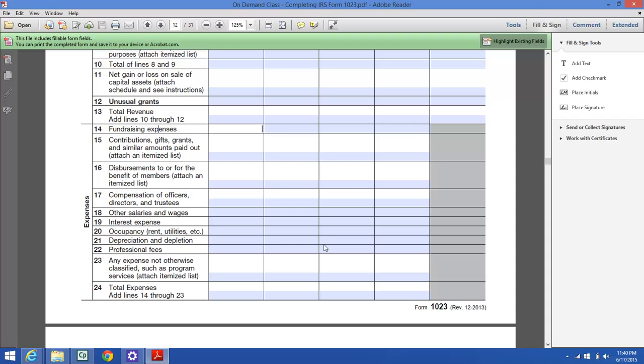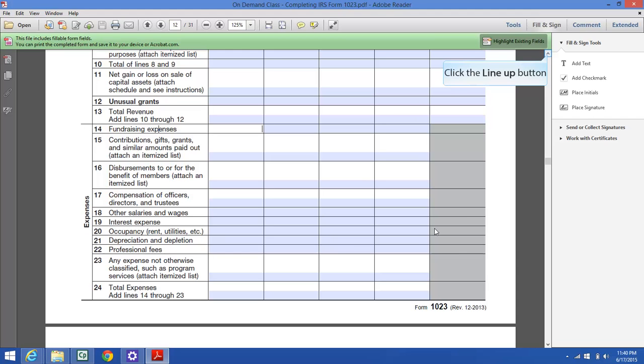So your fundraising expenses would be listed in 14, and then you would just complete the information in lines 14, 15, 16, 17, 18, 19, 20, 21, 22, and 23. You would complete all of that information, putting in whatever data you've already compiled, and then you would total your expenses. You would add lines 14 through 23 and put that total in line 24.